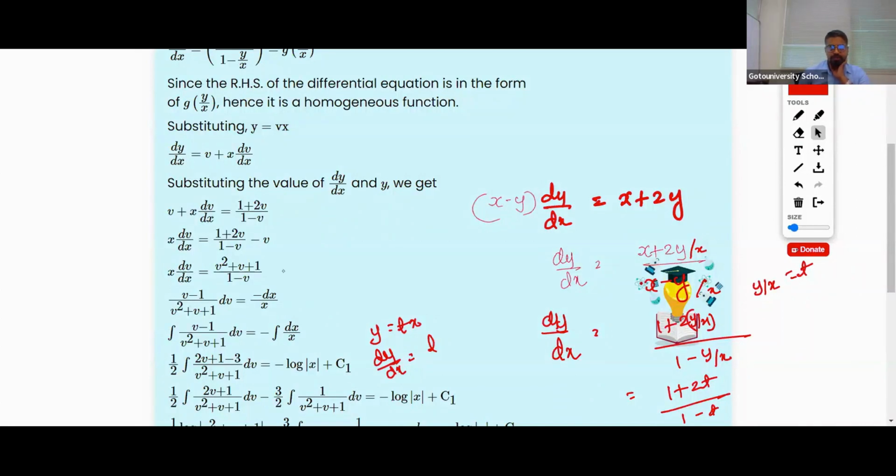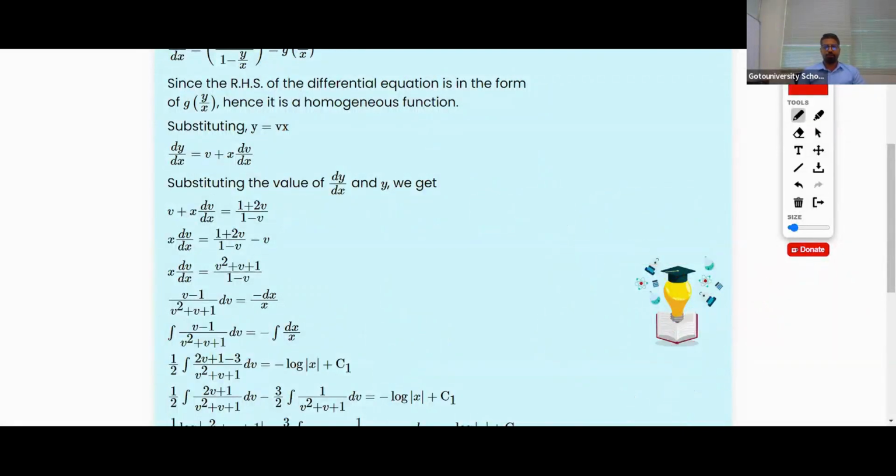So this will take a little good time, but still it's easy to solve this way. Whenever you have a homogeneous differential equation, we can convert it into some other format. So like here they have taken v, I have taken t. Let me erase this and show you here itself. So we can have this equation now: v plus x into dv by dx, that's the product rule, equals 1 plus 2v by 1 minus v.